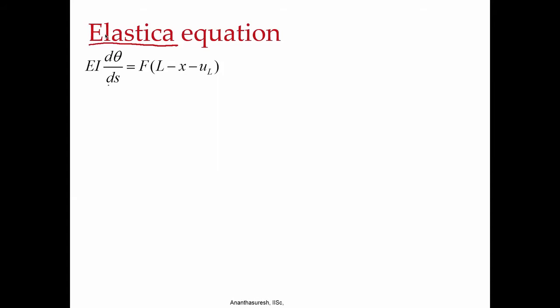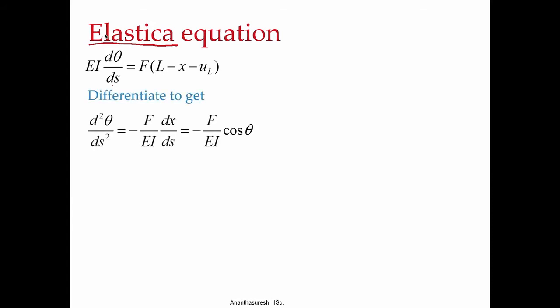The solution of this will be called an Elastica. So, we have EI d theta by ds equal to F times (L minus x) minus UL. If we think about how we might solve this, there is a clever technique that Bishop and Drucker and others have found. So, I will explain it in simple steps, so we can appreciate what they had done.